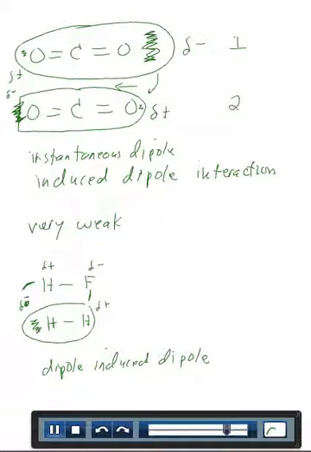So this is different from the instantaneous dipole, which collapses and is changing all the time. This one's permanent because of the permanent dipole of one of the interacting molecules.